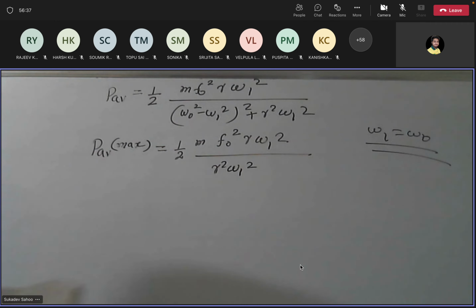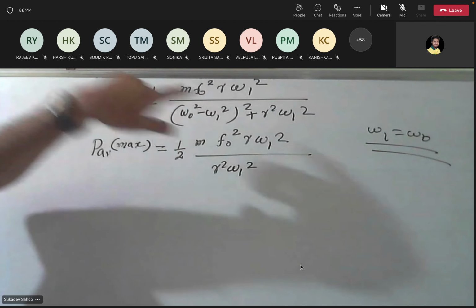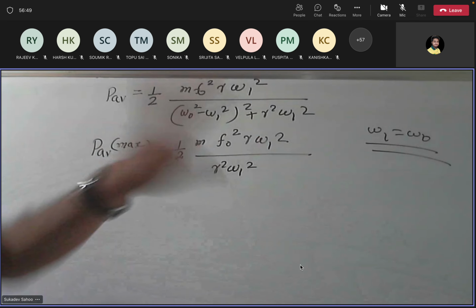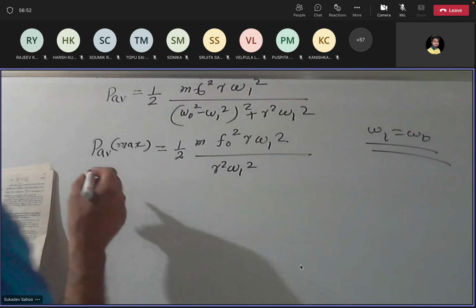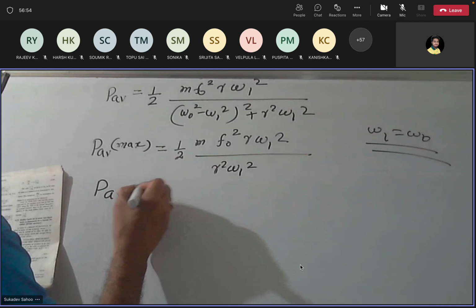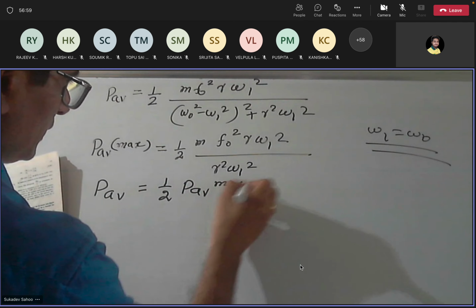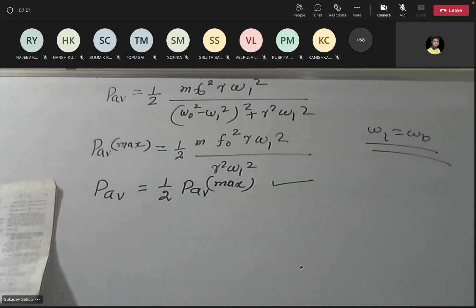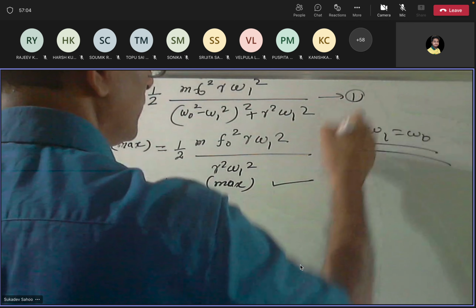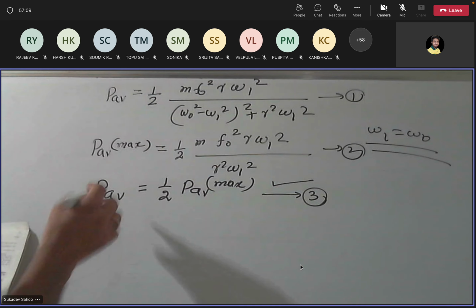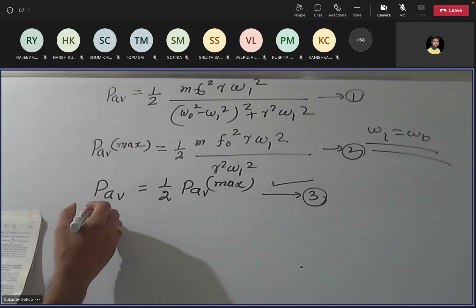Now, in order to calculate the bandwidth, we have to find the frequencies at which P average equals half of the maximum P average. So we have to write P average equal to half of P average maximum. Everybody clear this expression? This is, suppose, 1, 2, 3. Everybody agree with these three expressions? Then you substitute P average here, equation number 1.